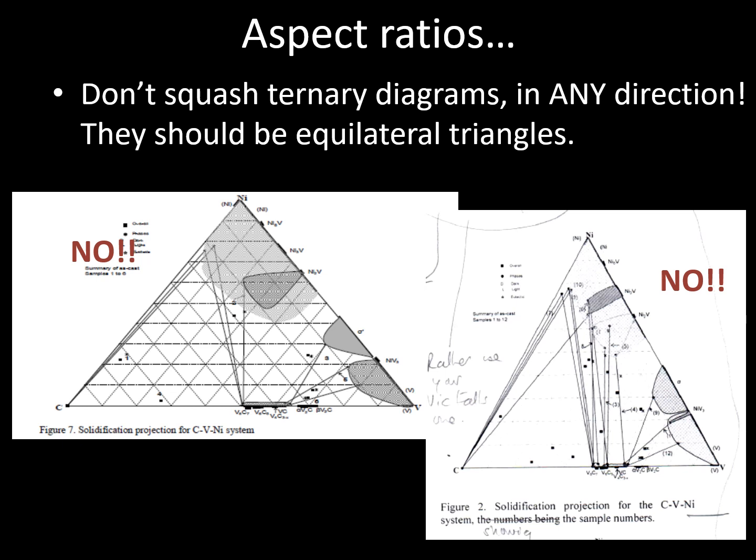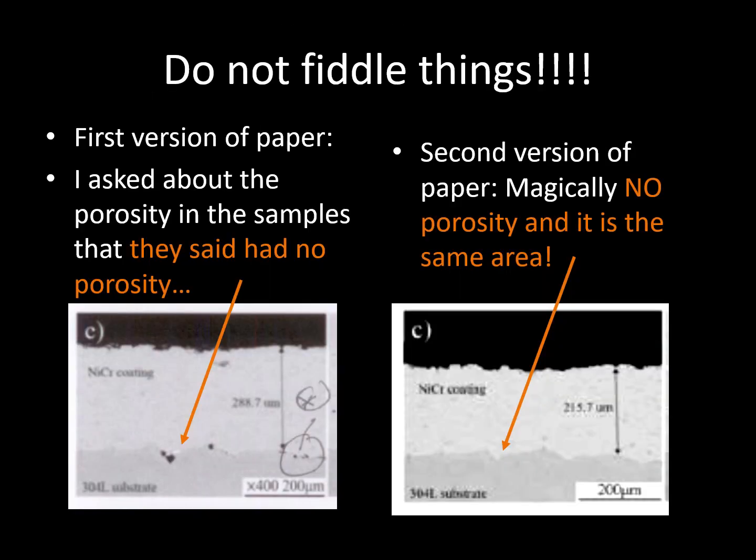Okay, aspect ratios again. Don't squash ternary diagrams in any direction. They should be equilateral triangles, and I see this so many times. So this one's squashed and this one has been extended. It's supposed to be an equilateral triangle.